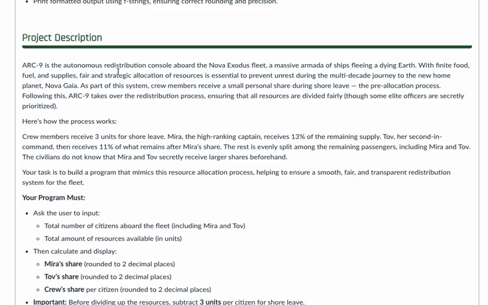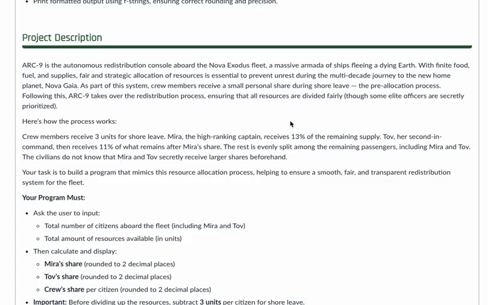So ARC9 is the autonomous redistribution console aboard the Nova Exodus fleet, a massive armada of ships fleeing a dying Earth with finite food, fuel, and supplies. Fair and strategic allocation of resources is essential to prevent unrest during the multi-decade journey to the new home planet, Nova Gaia.